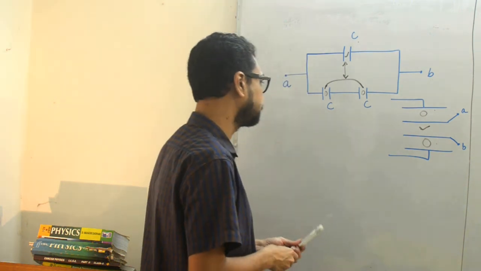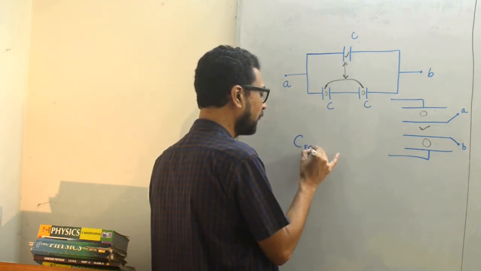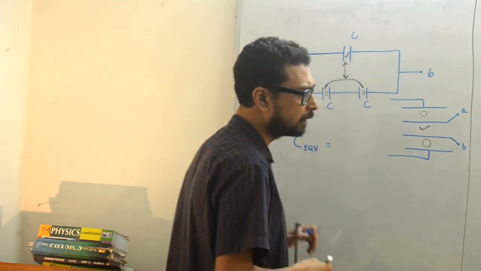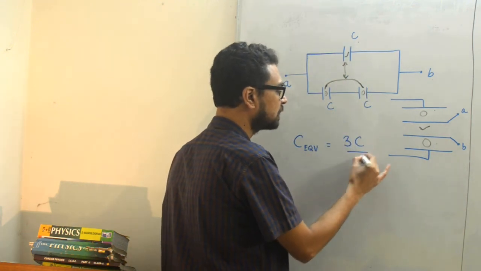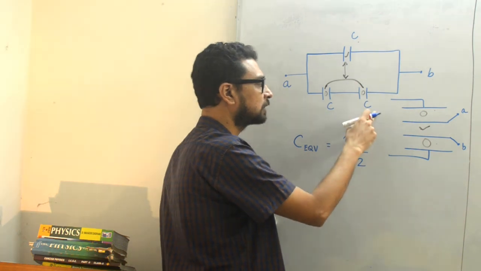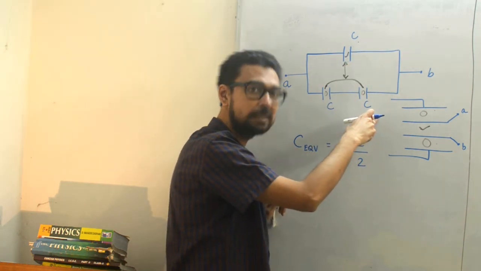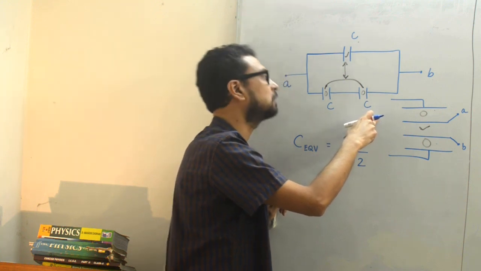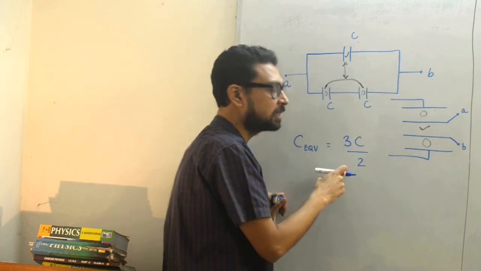So obviously you can easily find out the equivalent capacitance of this arrangement. You need not think. It is equal to 3C by 2. These two are in series, so they give C by 2, and with that this is in parallel, so plus C again, giving 3C by 2.